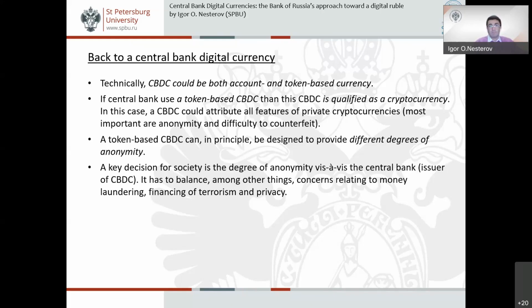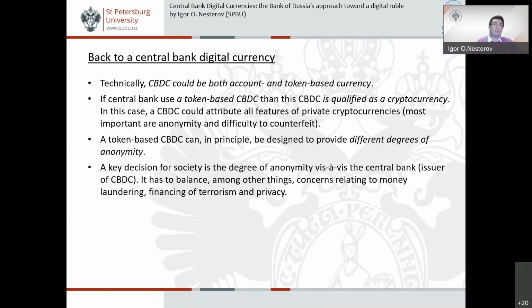That means that the CBDC platform central banks are going to use is going to be based on distributed ledger technologies, but access frameworks to central bank digital currencies tend to be based on account identification.